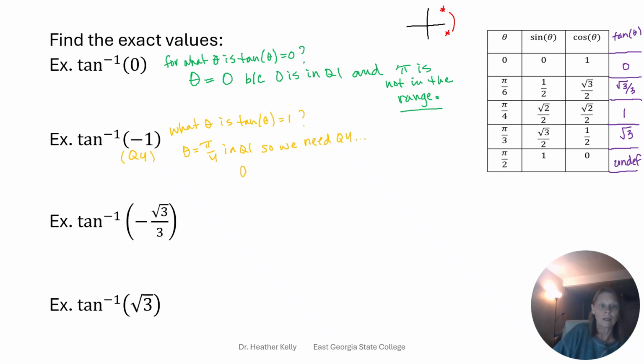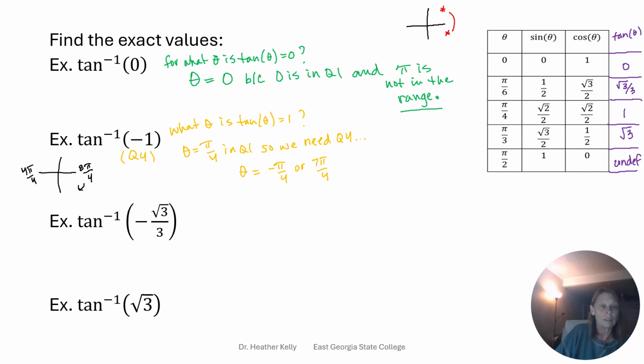So we can say theta is equal to negative pi over 4, and that's going to automatically give us a quadrant 4 answer. But let's go ahead and just look here. Remember that 0 or 2 pi is 8 pi over 4. This is 4 pi over 4, so to go backwards one spot is 7 pi over 4. So it's negative pi over 4 or 7 pi over 4. Those are the same.